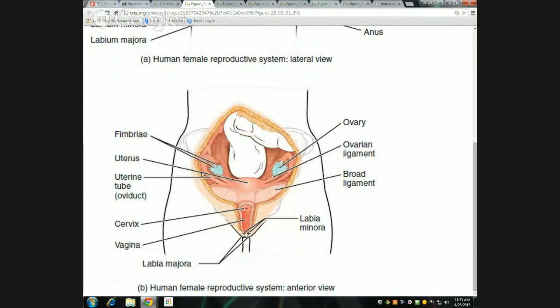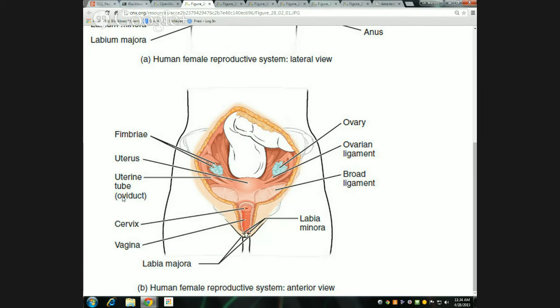So the ovaries are off to the side. They're this kind of teal color or whatever. The tube that comes from the ovary and extends down to the uterus here has several different names. Uterine tube is a straight anatomical name for it. Oviduct is kind of a Latin name for it.